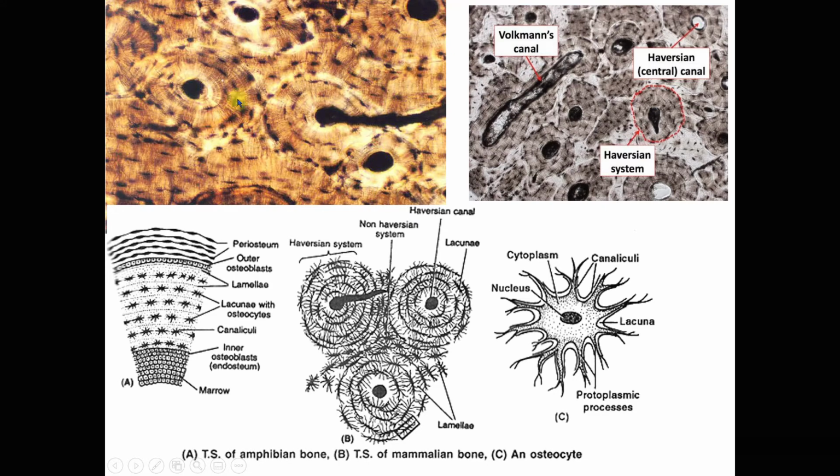Now coincidentally, if the cross section is done within the Volkmann canal, you'll be able to see the Volkmann canal. Nampak kan Volkmann canal ni? Right, and yang ini pun sama. So this Volkmann canal connect this osteon here with this osteon. So this is a Haversian system or an osteon, and this is the Haversian canal, right?